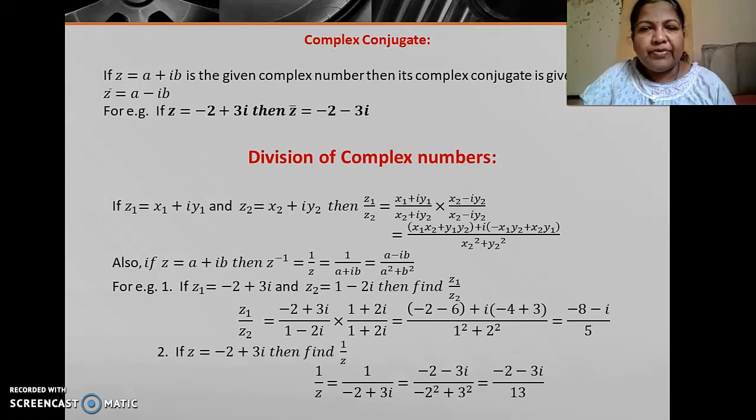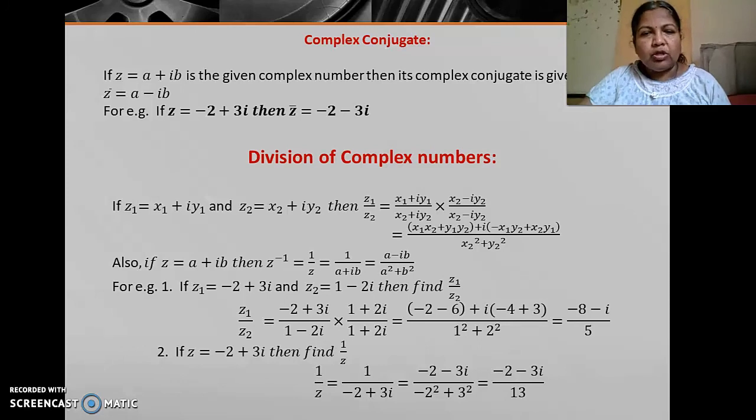Now let's see division. For division, you have to multiply and divide by the complex conjugate of the denominator. So this is the procedure of division. Multiply and divide by the complex conjugate of the denominator. We'll see it through an example, that is minus 2 plus 3i and Z2 is 1 minus 2i.